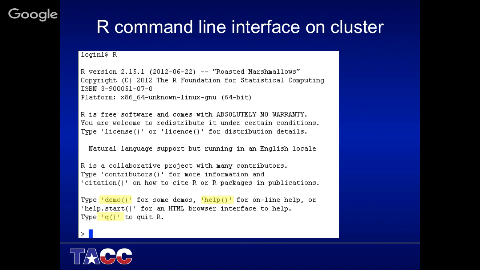So if you're using a Linux machine, you would just open a shell, and then you would get the login prompt, and you would type in R. If you're using a Windows machine, if you've installed R, you would have an icon on your desktop, and when you double click, it would open a similar window to give you an R interactive shell.